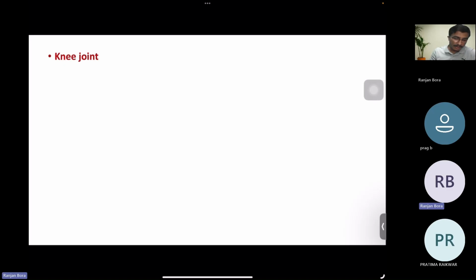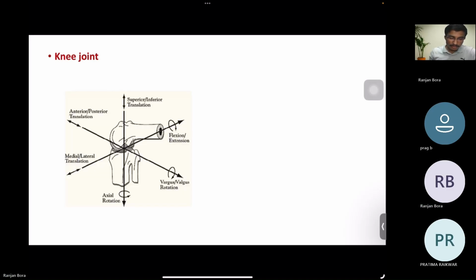Next, knee joint. How many degrees of freedom does a knee joint have? No, not 1. How many movements can we do using the knee joint?